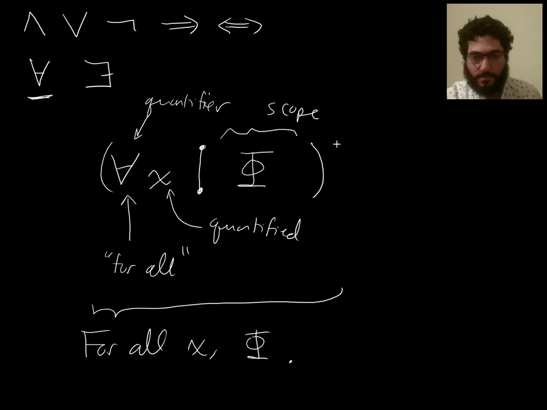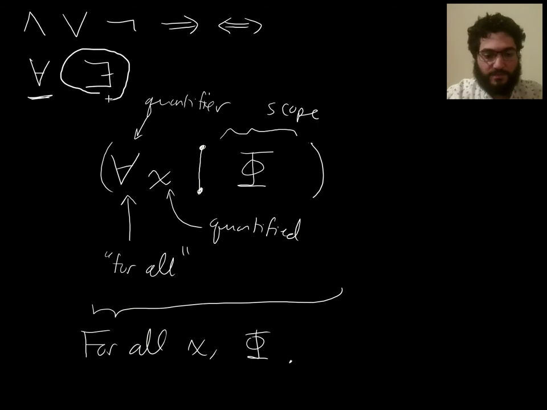That's why I'm insisting that it be enclosed in parentheses. So let's look at some examples, and once we're done, we'll visit this one. This particular quantifier, the upside down A, the for all, is called the universal quantifier.